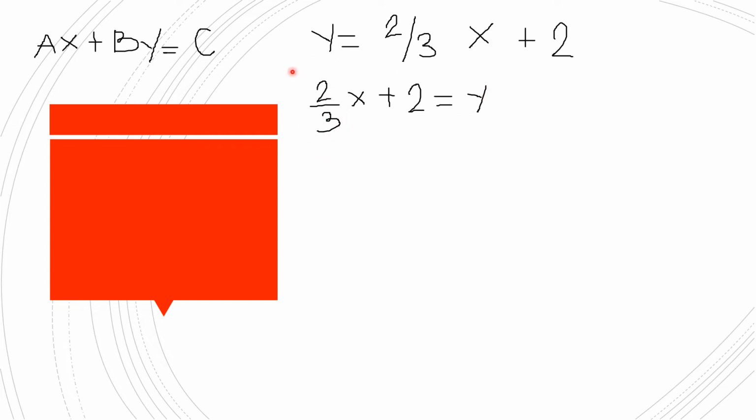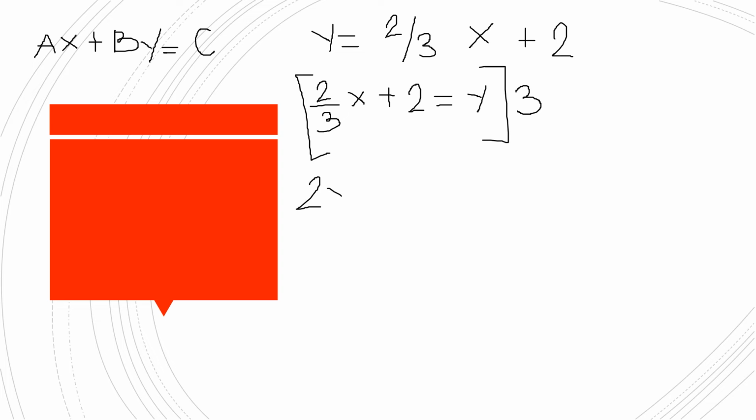So, to make it a whole number, the 3 must disappear. Our divisor 3. So, to remove the divisor 3, we multiply by, of course, 3. Okay? So, we multiply by 3. So, 3 times 2 is 6 divided by 3 is equal to 2.